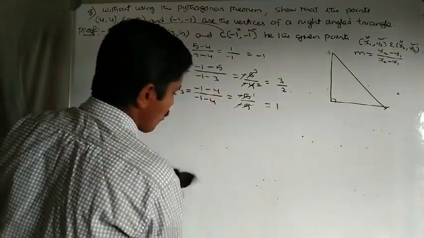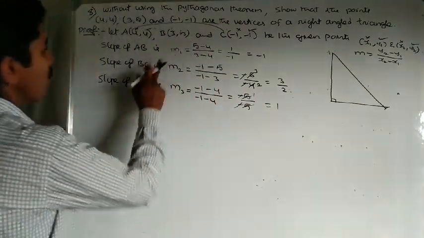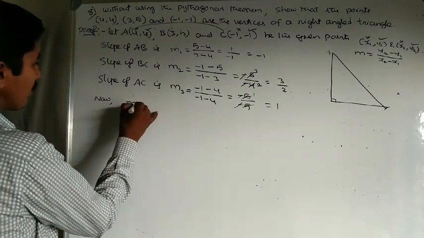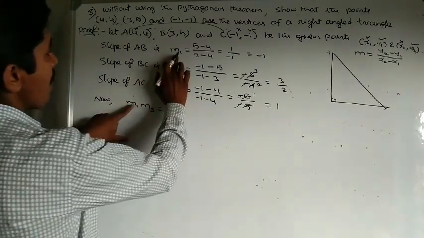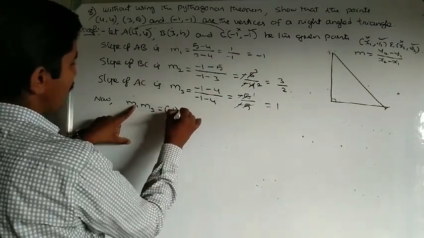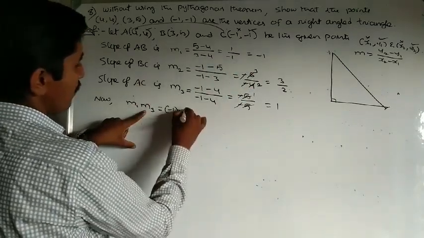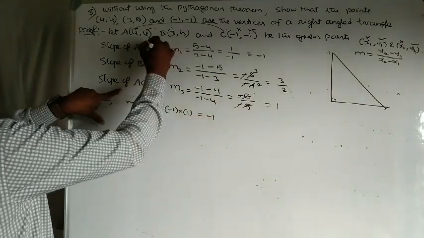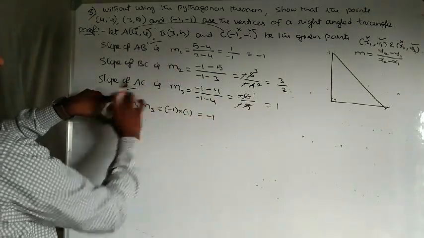Now take the product of the slopes M1 and M3. M1 equal to -1 into M3 equal to 1 is -1. Here M1 is line AB and M3 is line AC.